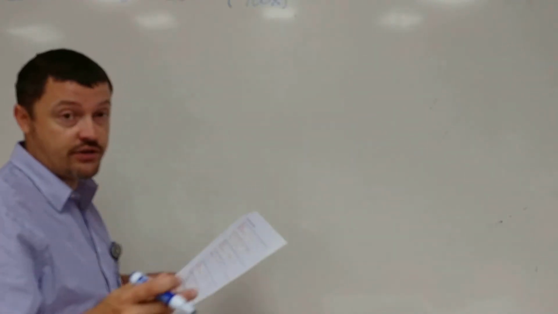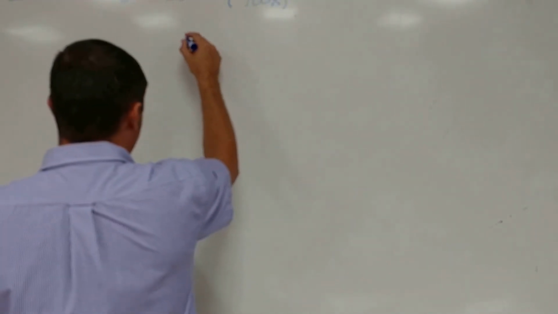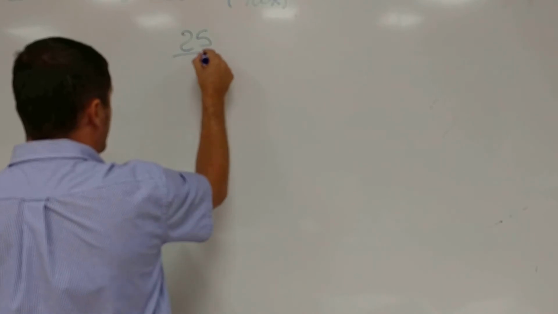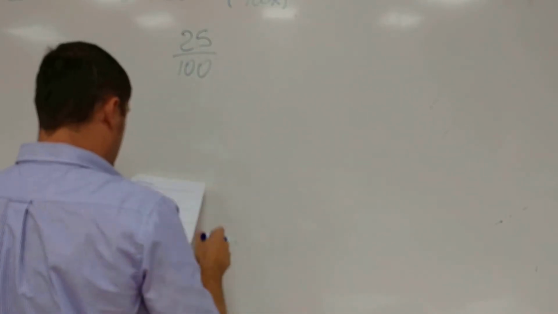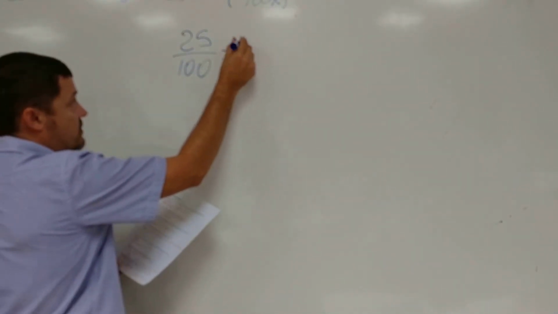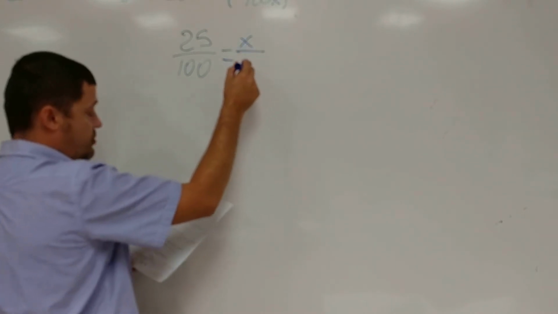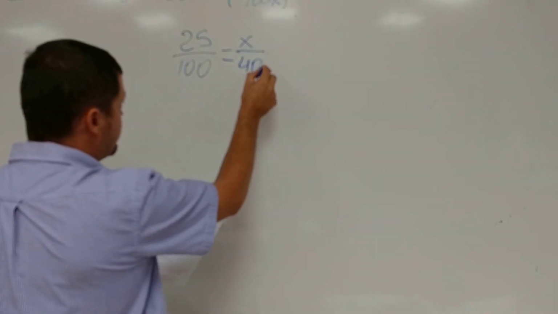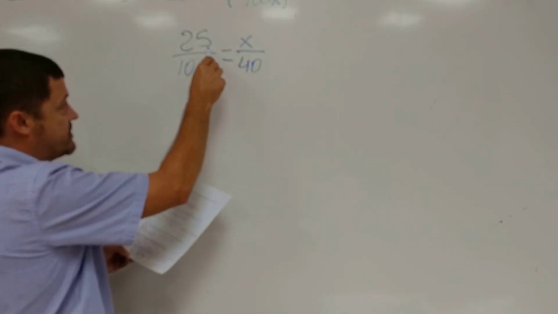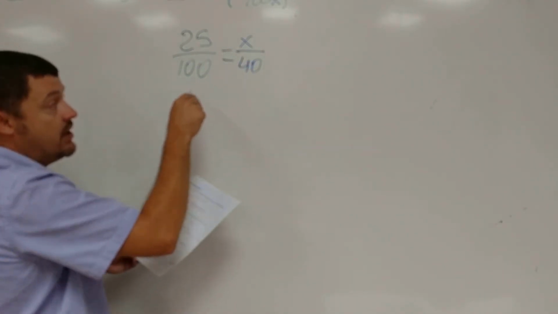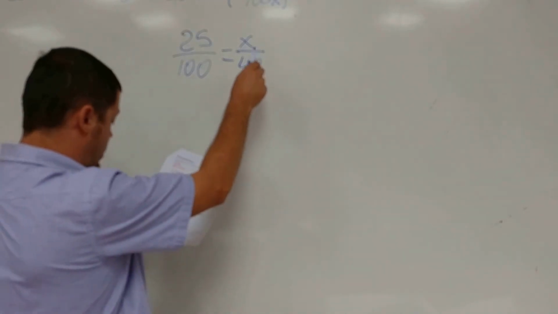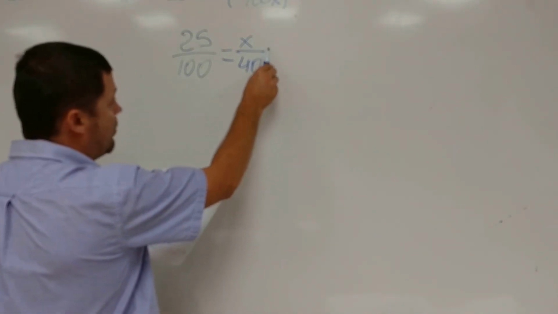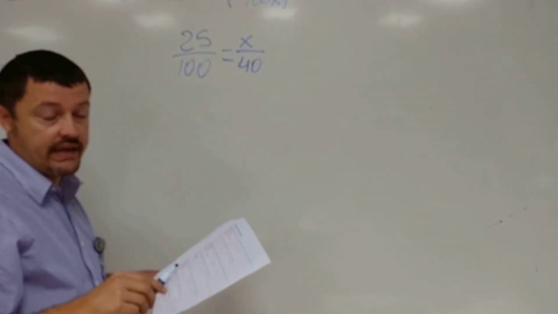You're going to use a ratio. 25 over 100 equals X, which is our unknown, over our 40 milliliters. Our 25% solution has a 100 milliliter whole, and we need to know how much of that unknown we need to use.